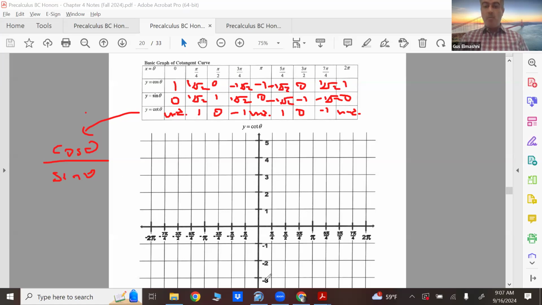Where are my asymptotes? Let me do a different color so it stands out. Yeah, exactly right. We didn't talk about domain and range. Yikes. Maybe I'll do that tomorrow. So 0, pi, 2 pi.